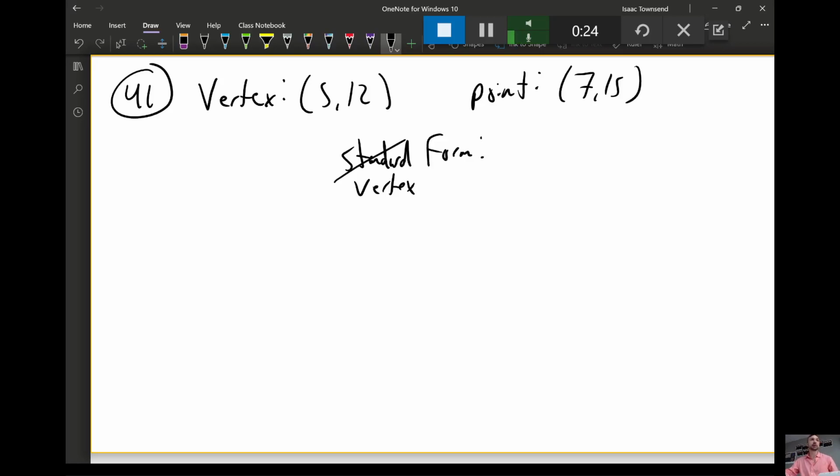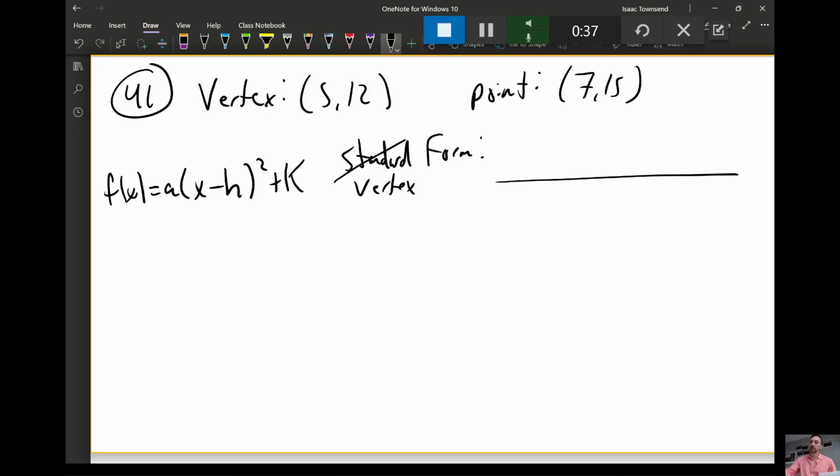Did you check the answer in the back? See it? Okay, they have it in vertex form. The easy part of this question, well, you do have to know what vertex form is supposed to look like. Don't forget to square, by the way. That's a very common mistake.